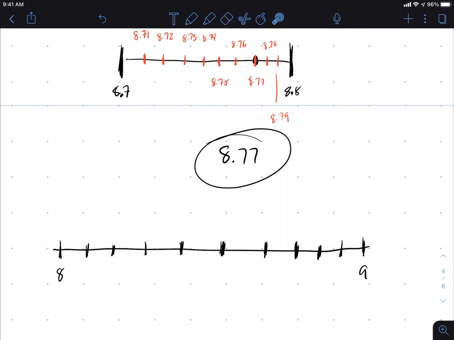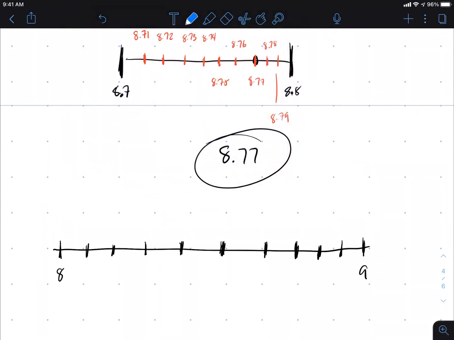I know that's a little kiddish, but that's the way I would show my kids: how many times do you need to skip? Since I jumped 10 times, that's 0.1, 0.2, 0.3, 0.4, 0.5, 0.6, 0.7, 0.8, 0.9, 1. I've added 1 to 8. Does that make sense?